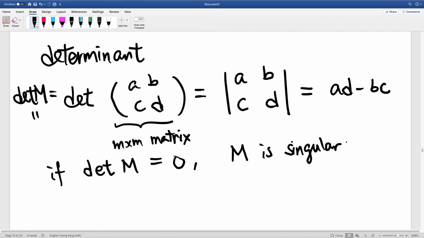Wait, what does singular mean? It equals 0. The determinant is zero. All of them are the same value.